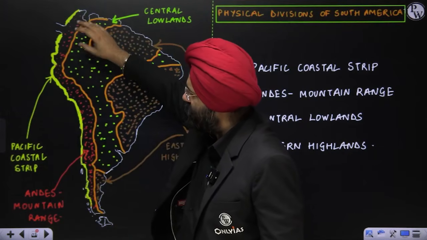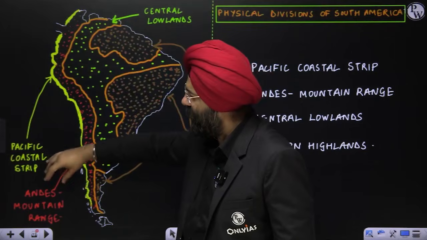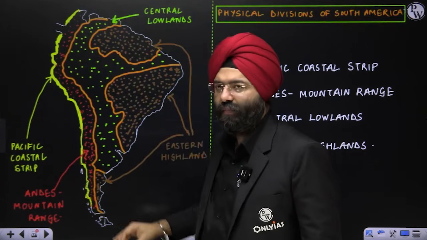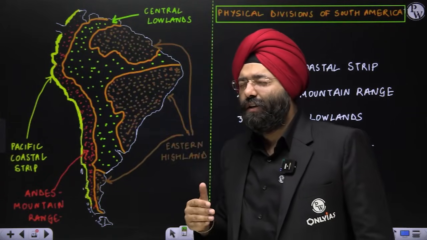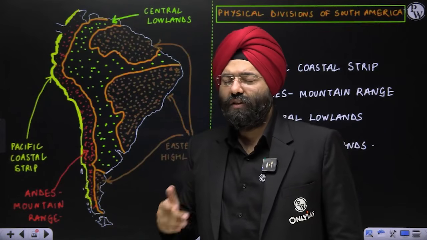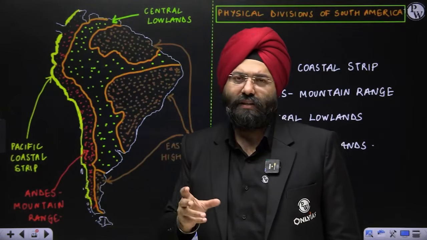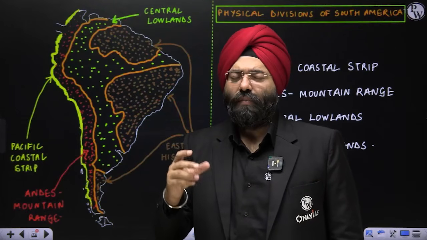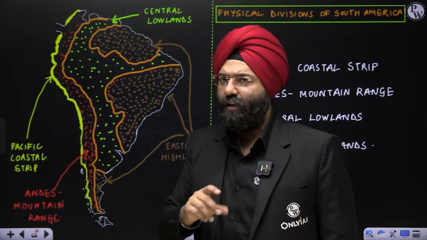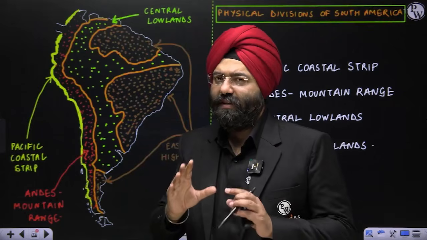Then you have the longest mountain range, the Andes mountain range, present over here. You have already studied in the physical geography lecture which I took the day before yesterday how these Andean mountains are created, and what the concept of plate tectonics is. You will be analyzing them, right? And you must have understood by now what it basically means.